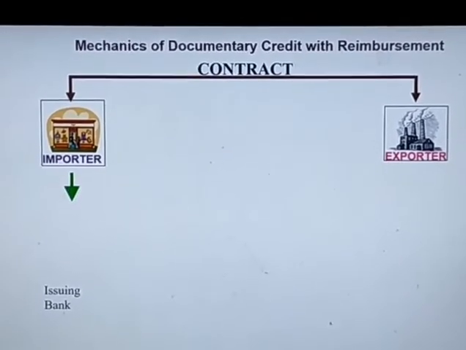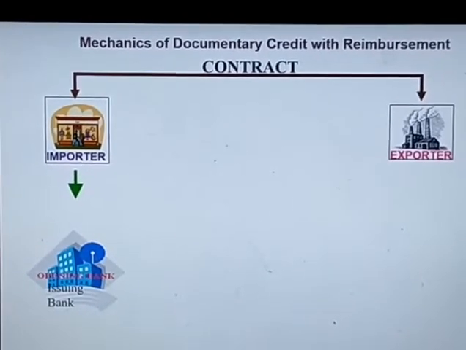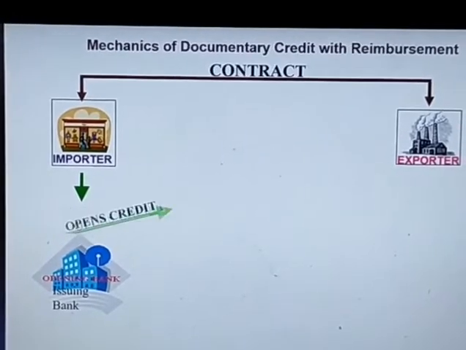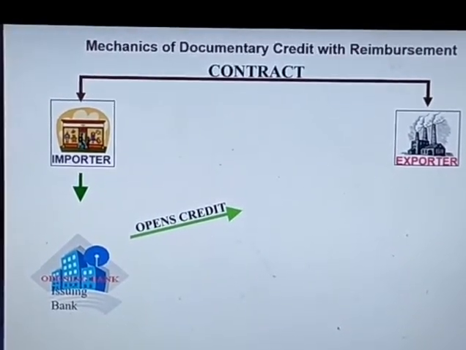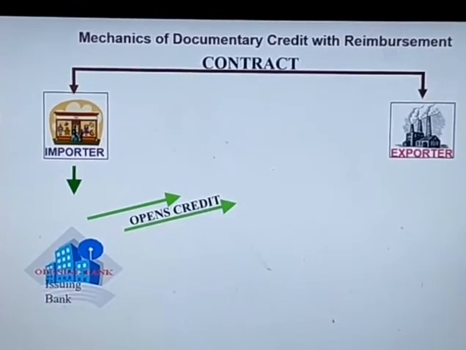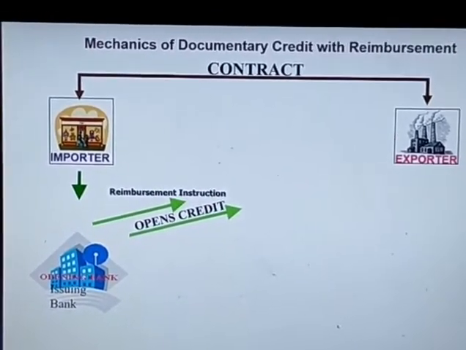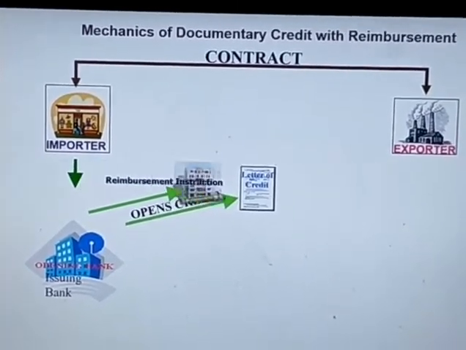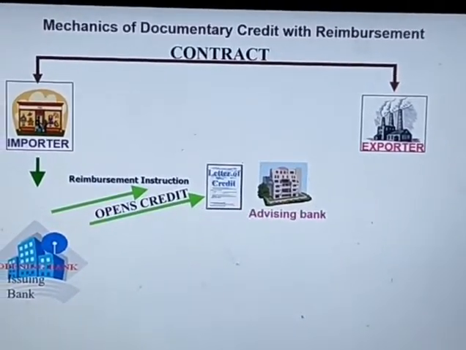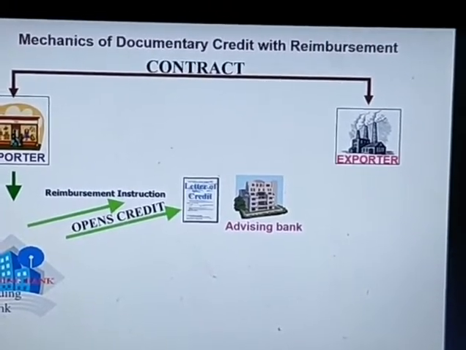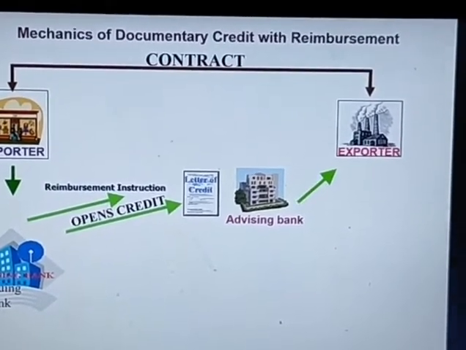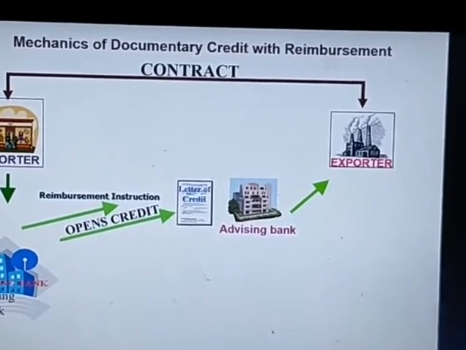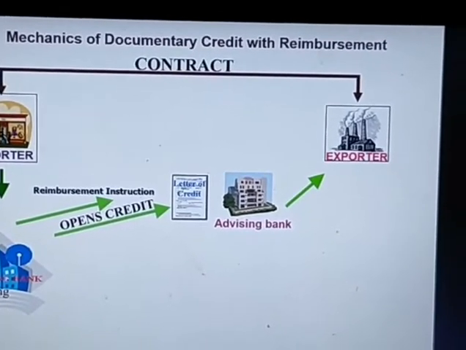The importer will ask the issuing bank, and it opens the credit with the reimbursement instructions. This is called a letter of credit, and the letter of credit will be sent to the advising bank, and the advising bank in turn will inform the exporter that the LC has been issued.